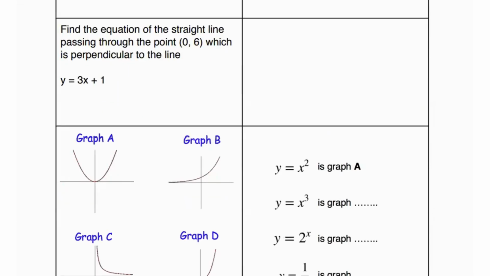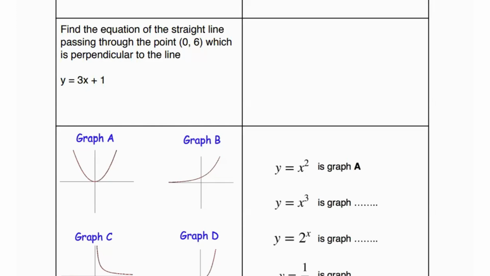Next one says, find the equation of the straight line passing through the point 0, 6, which is perpendicular to the line y equals 3x plus 1. Before we begin with this question, you need to first remember the properties of perpendicular lines.